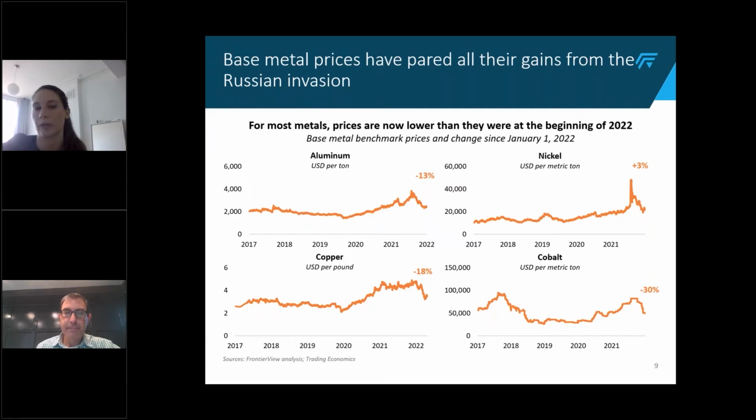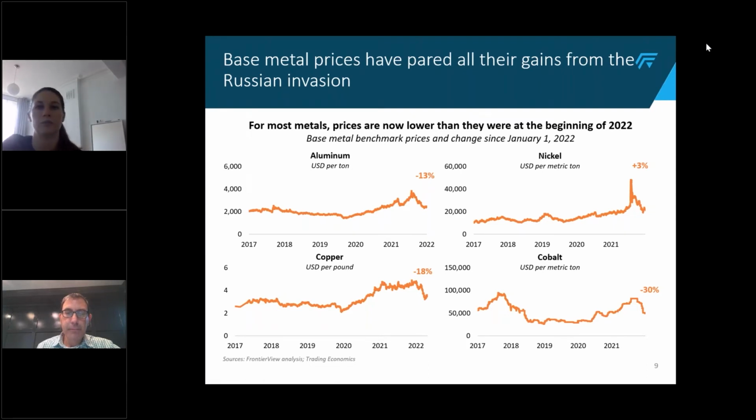So if you even compare the price of some major base metal benchmarks to the beginning of the year, so quite a bit before the Russian invasion, prices are even negative, down from January 1st. But again, similar theme where prices are still historically elevated for some of these metals, sort of too early to call a win on this.